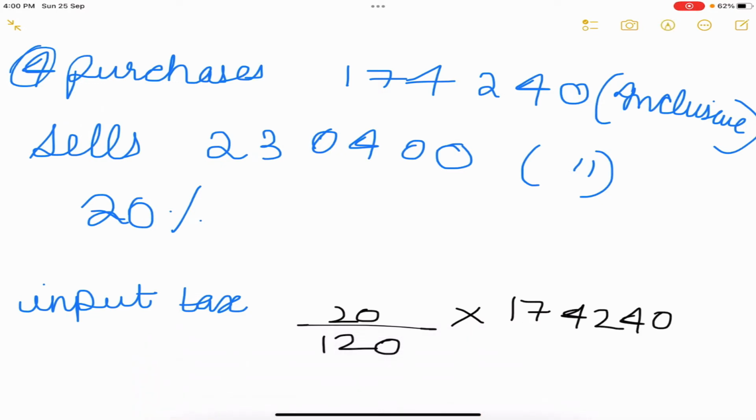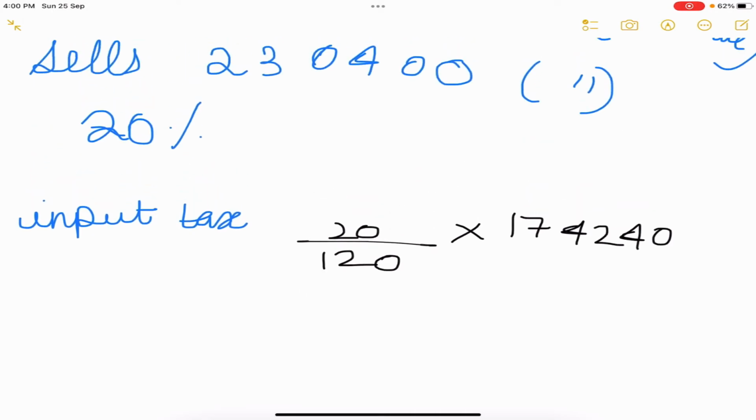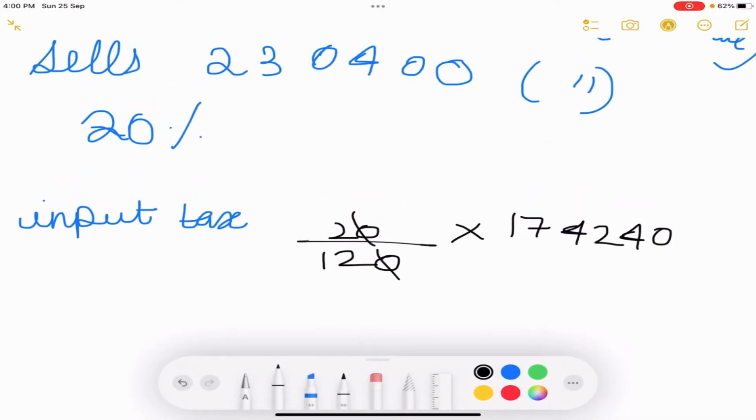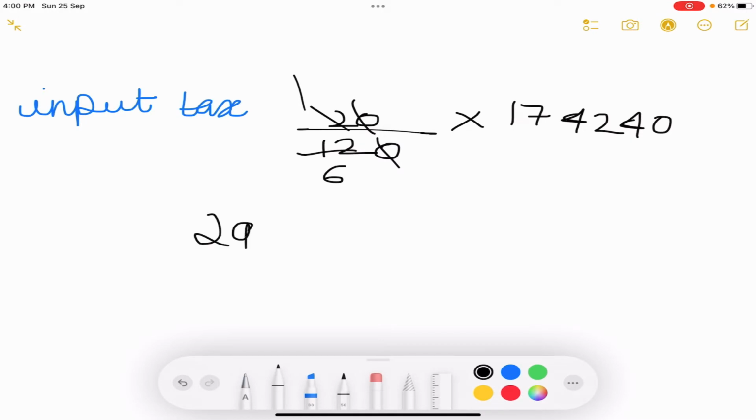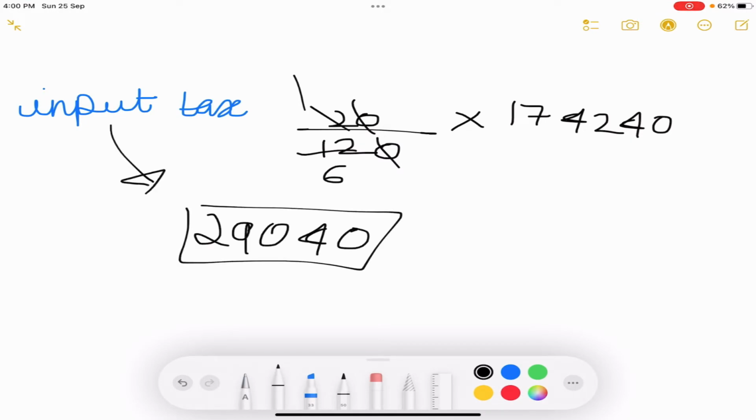So calculate the answer. 2 1s are 2, 2 6 are 12. So 174240 divided by 6, which is nothing but 29040. So 29040 is nothing but the input tax.